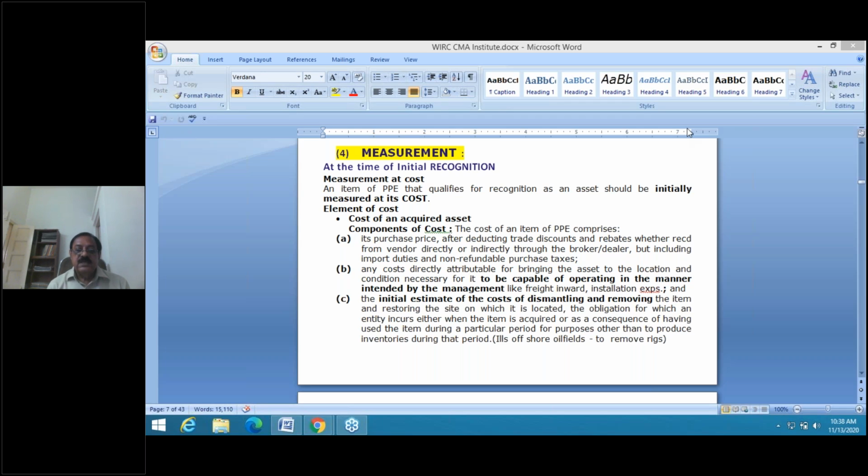So obviously it has to lay down the rigs under the seabed to extract the oil. Once these oil fields will be exhausted, it will have to remove those rigs, and it has to seal the seabed. All this expenditure which will be incurred after 10, 15, 20 years, you have to make the provision of these expenses at their present value, and you have to add in the cost of the asset.